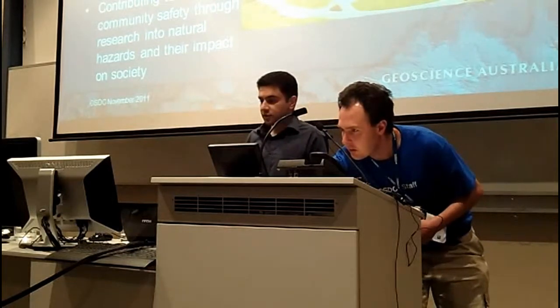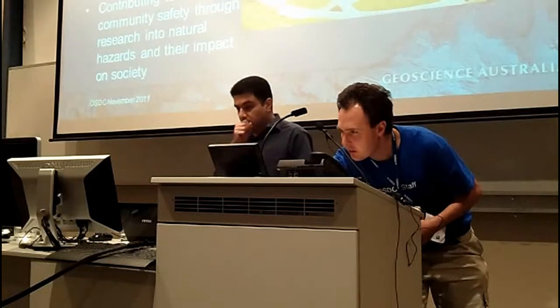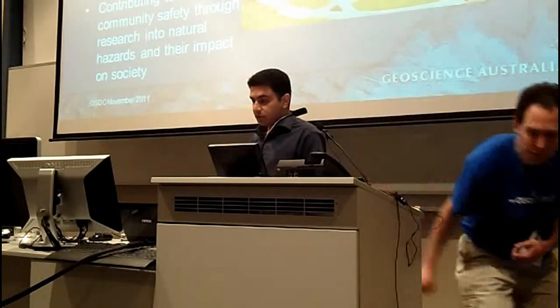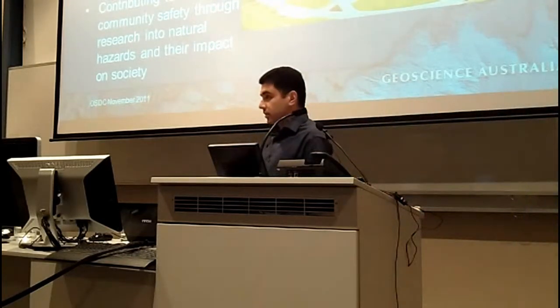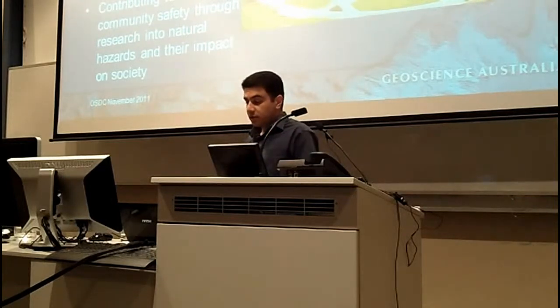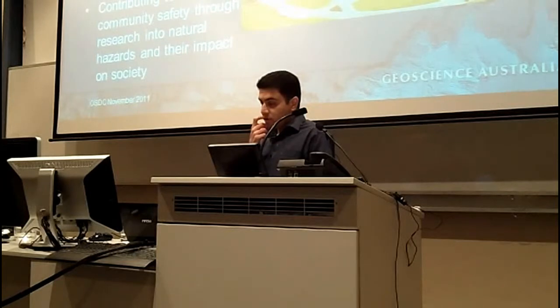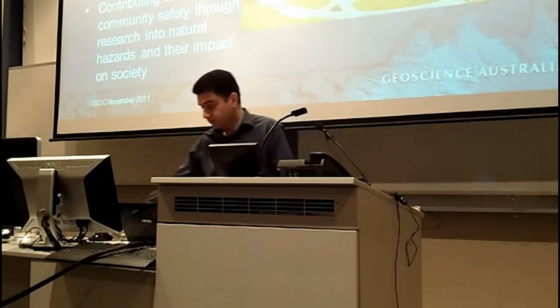The current focus of GA's role is in three main areas. Firstly, the future energy and resource base of the Australian economy. Secondly, providing geoscience input to a range of environmental issues. And then finally, and that's where I fit in, contributing to community safety through research into natural hazards and the impact on society.